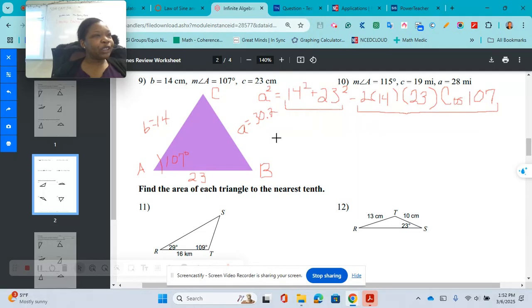Now, are we able to use the law of sine? Just a little slow. Are we able to use the law of sine now? Yes, because we have an angle and a side length. So we're going to do 30.2 over sine of 107.